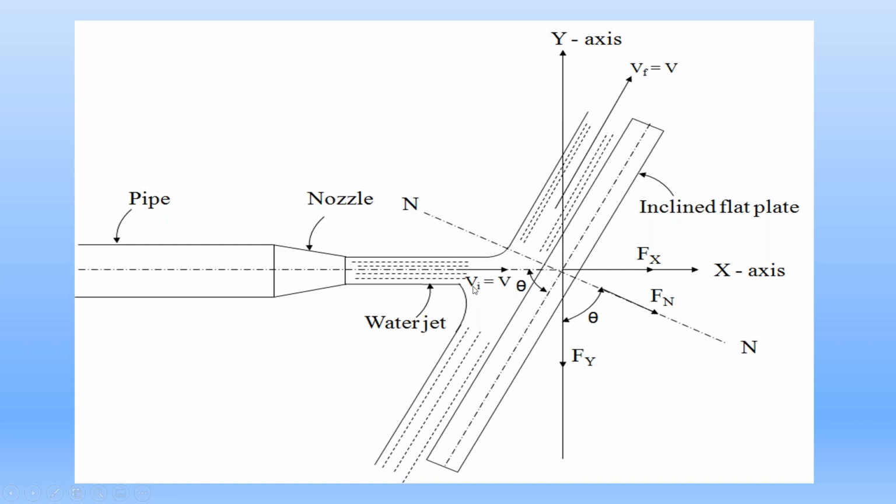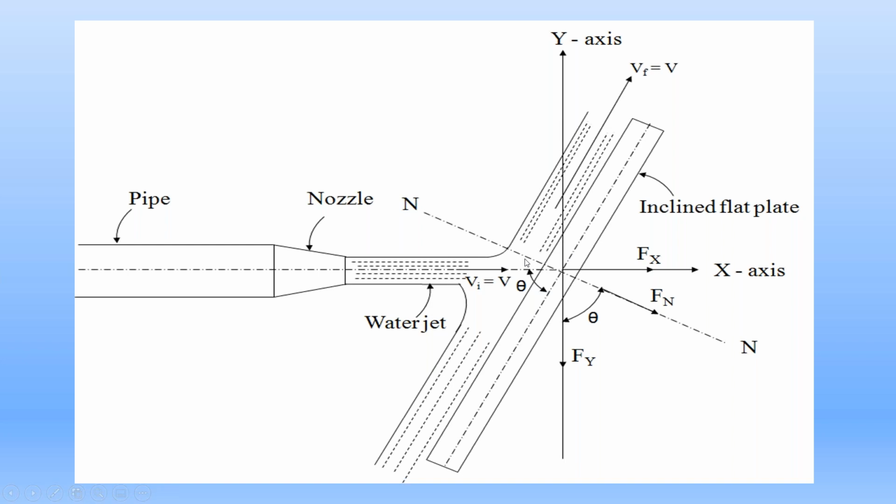So before impacting this metal plate, the water jet is horizontal. The initial velocity Vi of the water jet is V. The initial velocity is horizontal. After the impact, we consider the surface of this metal plate is smooth, so there is no loss of energy when the water jet hits the metal plate.